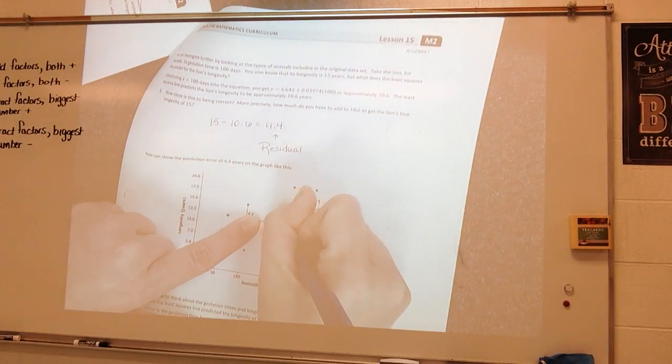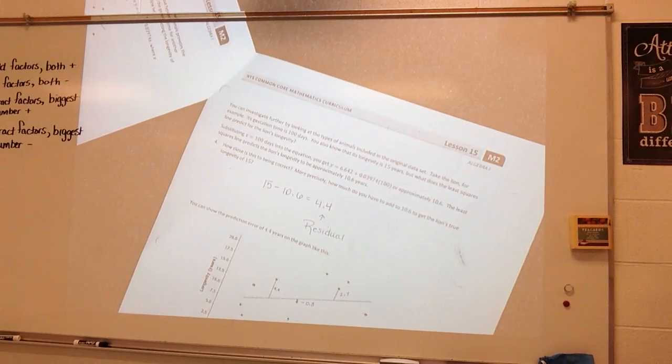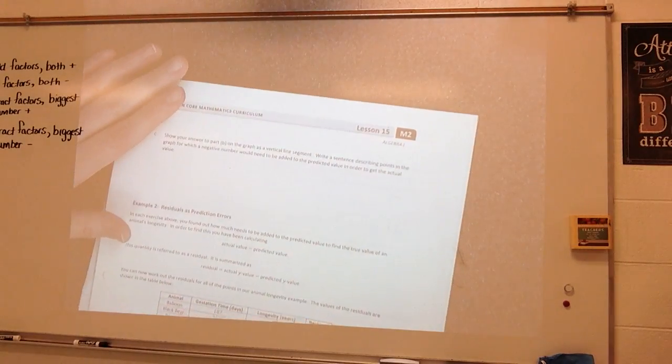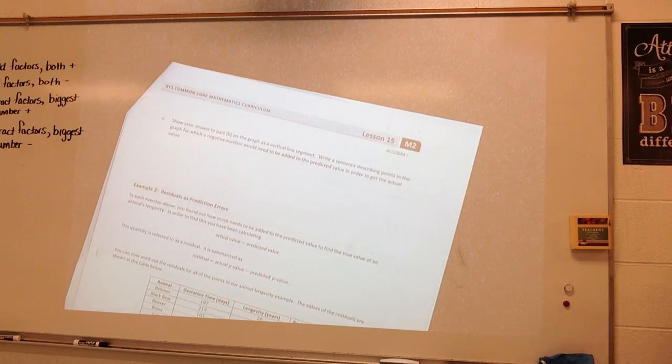And that is a negative 0.8. It says to write a sentence for which a negative number would need to be added to a predicted value. Well, why would we need to add a negative number? Because the point falls below the least squares line.